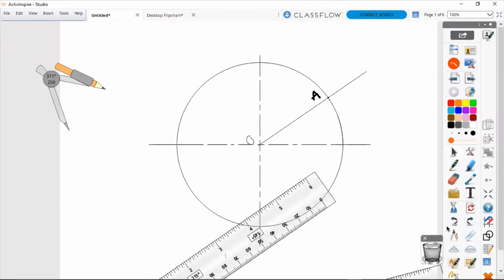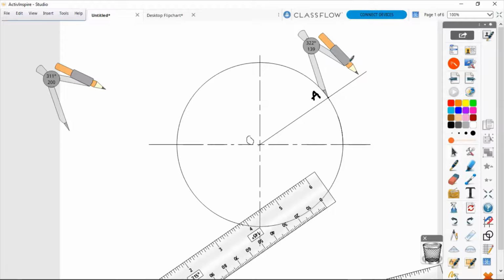As we have our line, now we are going to construct a perpendicular bisector to line OA, but it should pass through point A. So what I'll do is place my compass point there at point A, then make markings on the line.